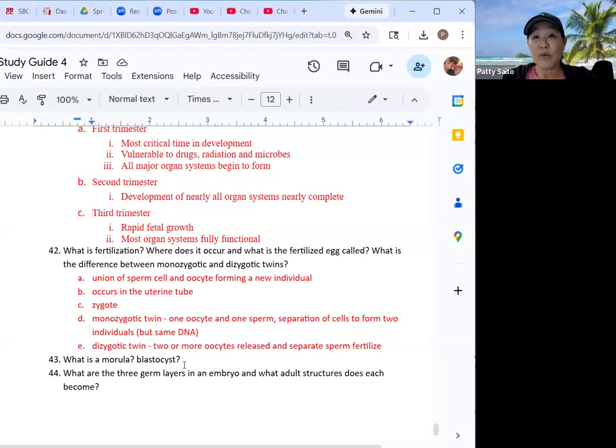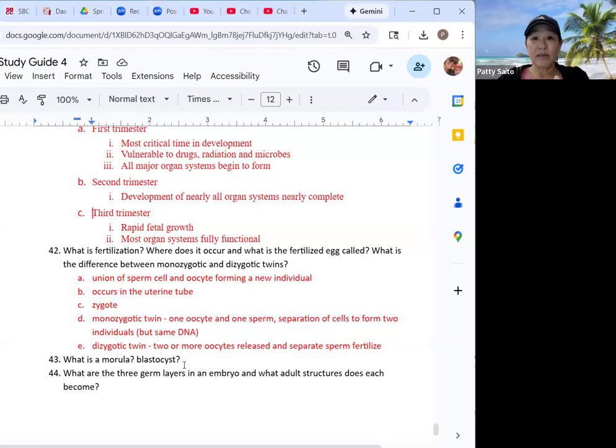But what do we know about that? That each one of those cells is identical as far as its DNA goes, right? Because each division in mitosis results in two cells that are identical to the original. So if done correctly, if there aren't any problems in that mitosis division, then it should be identical. So what would be a dizygotic twin?